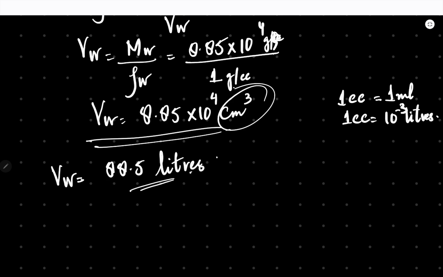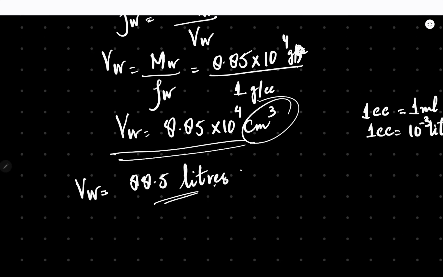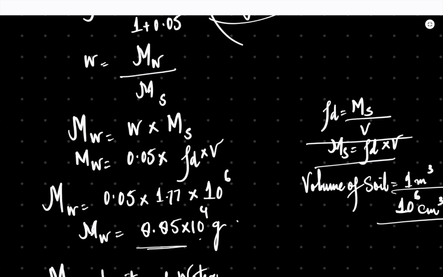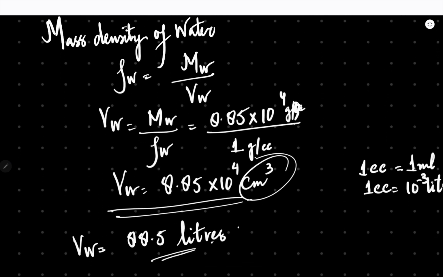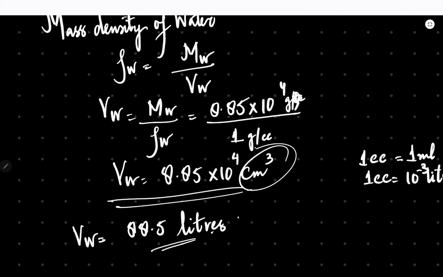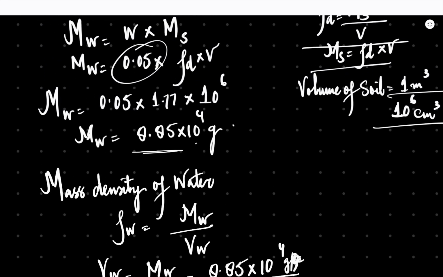No, it's not the volume of water required. This is the volume of water I calculated at the current state of 5% water content. So this is the current volume of water in the soil at this 5% water content.